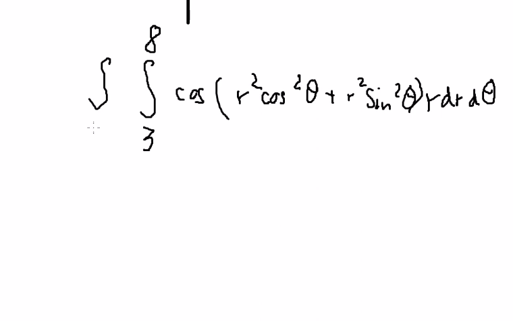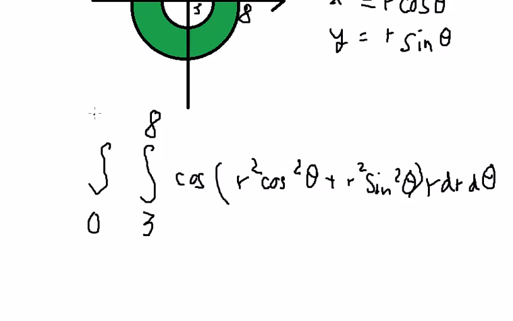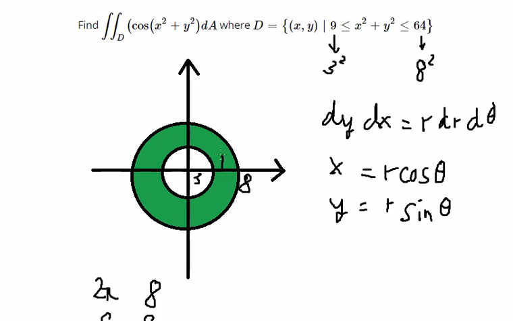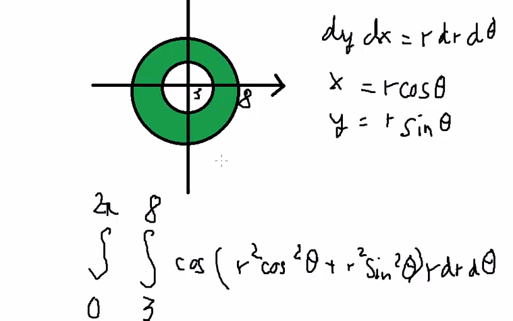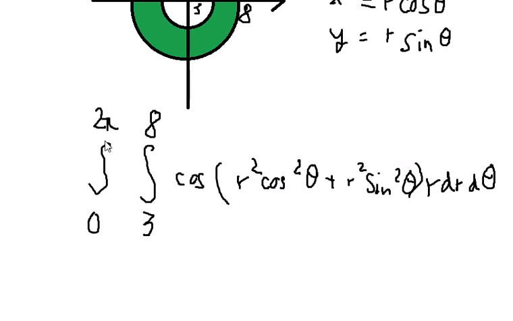And this one, that's from 0 to 2π. Why? Because we start from here and they go around in one circle. One circle is 2π, and they start from 0 in here.